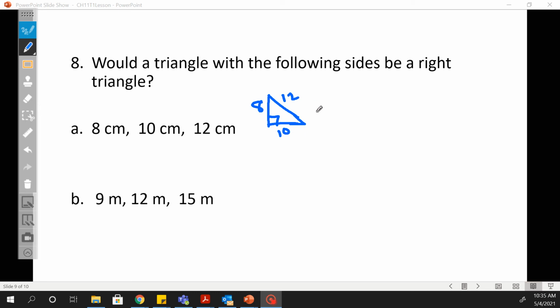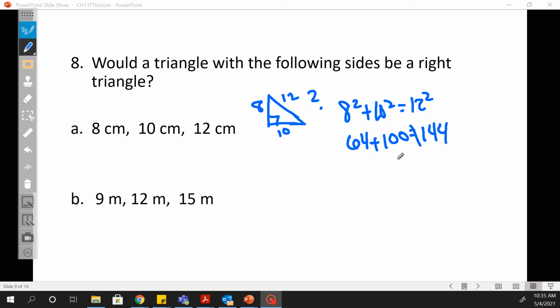In other words, is 8 squared plus 10 squared equal to 12 squared? 64 plus 100 is 164, and 12 squared is 144. I don't think so. That does not look like they are equal. So that's not a right triangle.